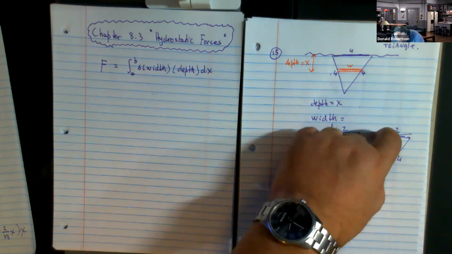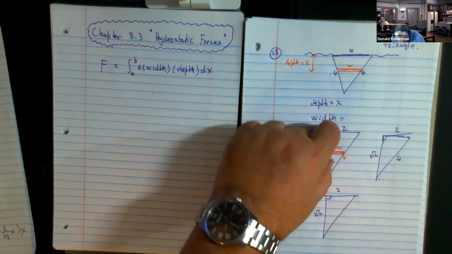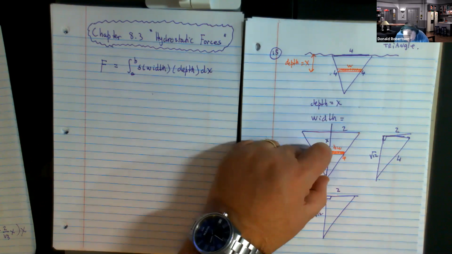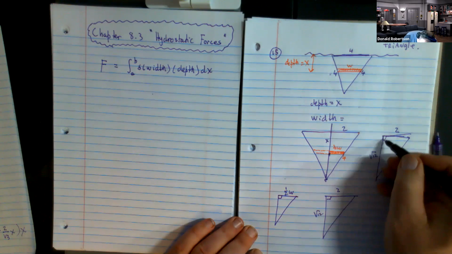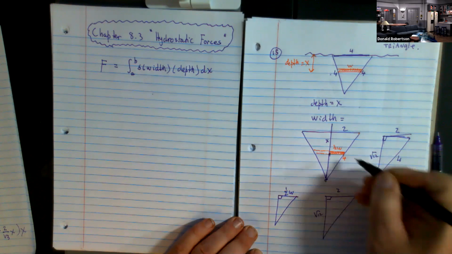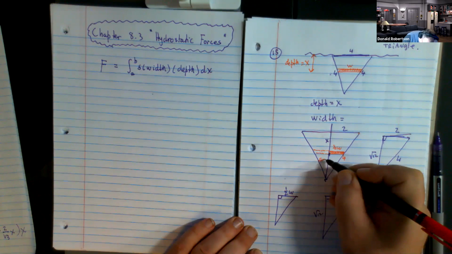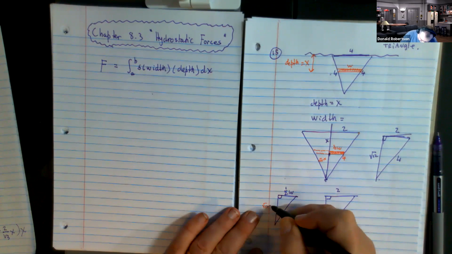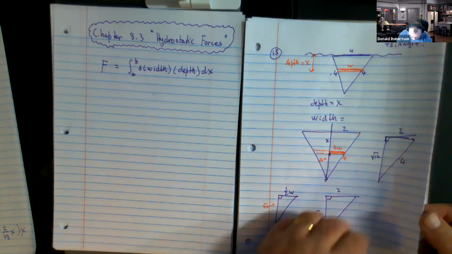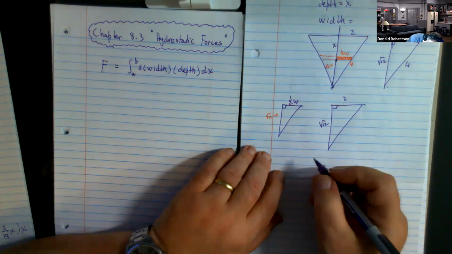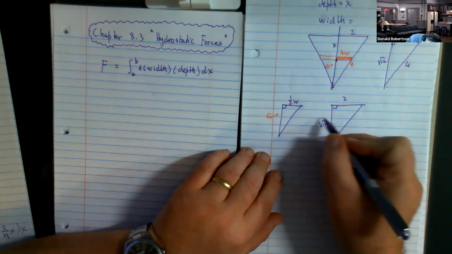Now, this distance is root 12. This piece here is x. So the guy I want is the total distance take away x. So root 12 take away x. So this guy with this guy.